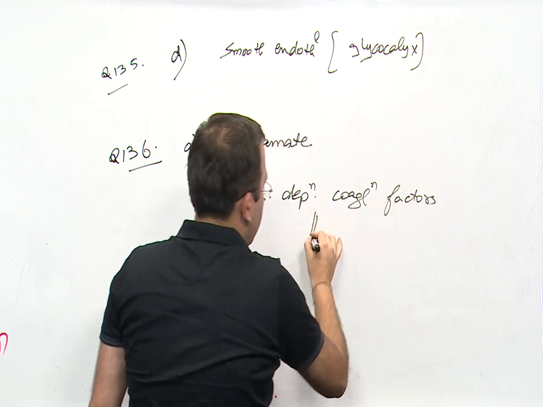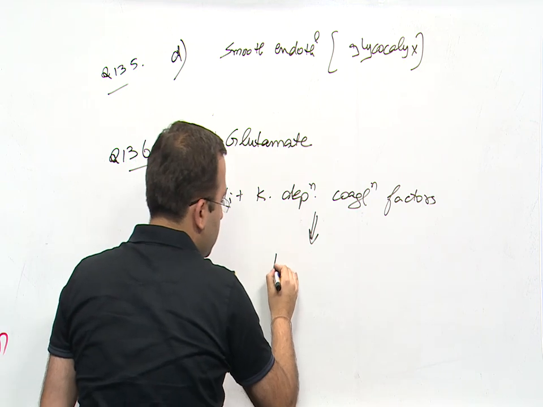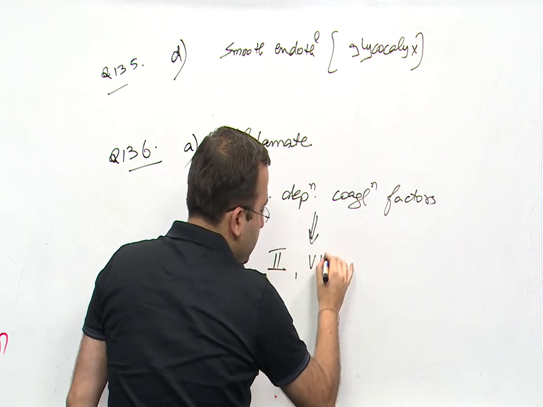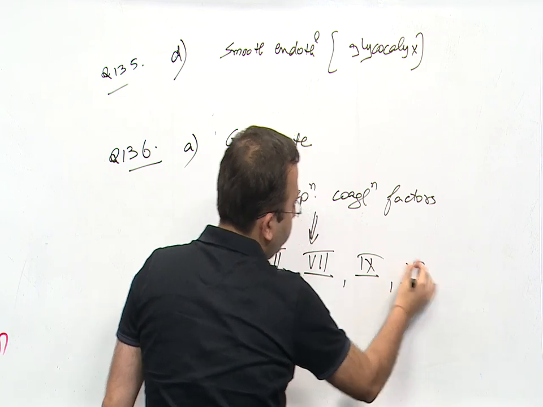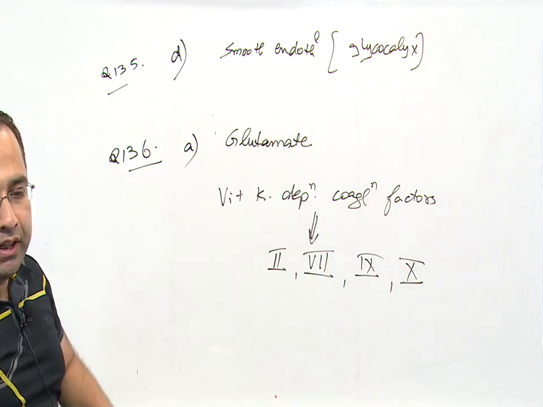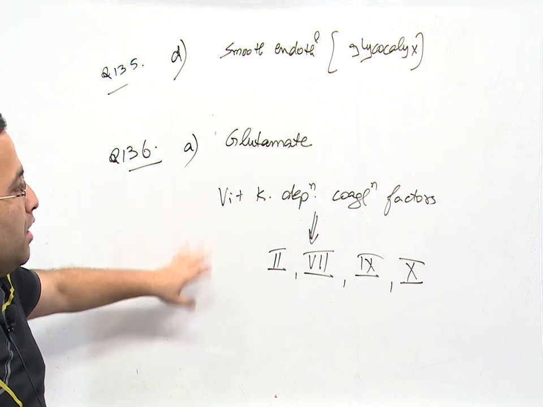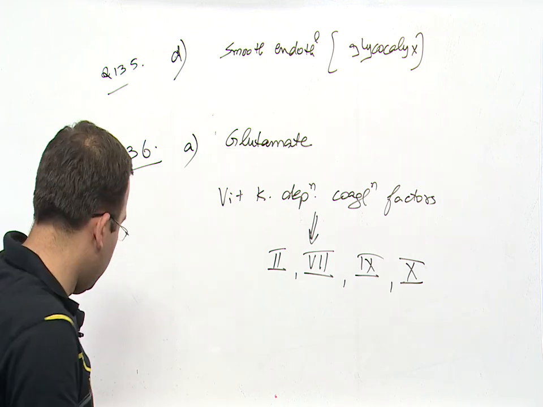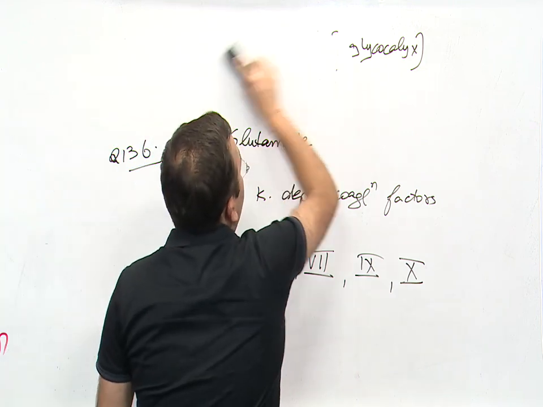The vitamin K dependent coagulation factors are factors 2, 7, 9 and 10. Next.